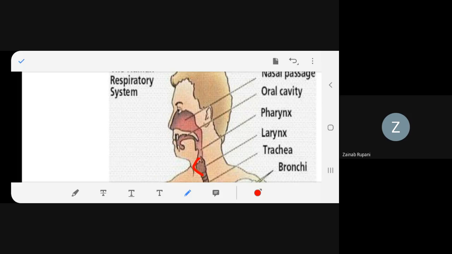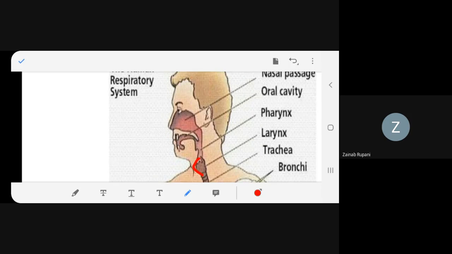Have you observed that? That is called larynx. Now you hold your throat like this with your fingertips while speaking. You can feel the vibration. This is the voice box.